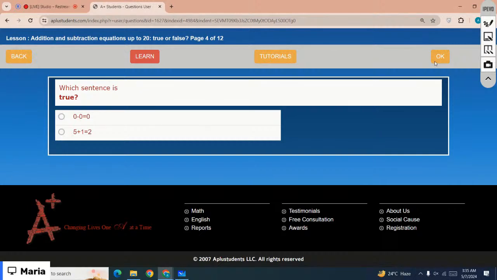Which sentence is true? 0 take away 0 is 0, or 5 plus 1 equals 2, which is the correct option?